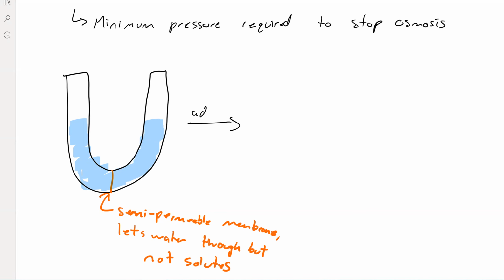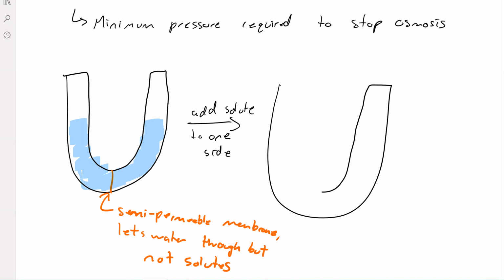Next thing you do, you want to add some solute on one side. And what's going to happen? Well, entropy is going to favor mixing. It's going to want to dilute that solution. So whichever side that you put the solute on, the water will travel to that side.